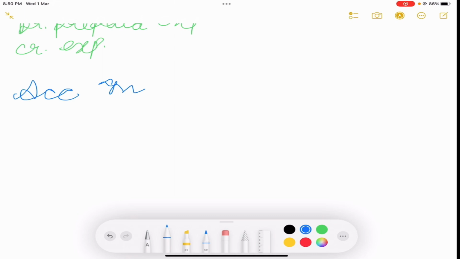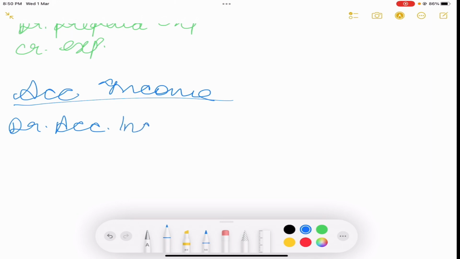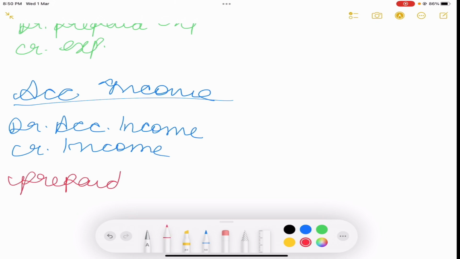Now, thinking about the journal entries of incomes. Accrued income is my asset. I haven't received the money yet. So, debit accrued income, credit income. And what about the prepaid income? If someone has prepaid me my income, then that is my liability, so I credit it, right?